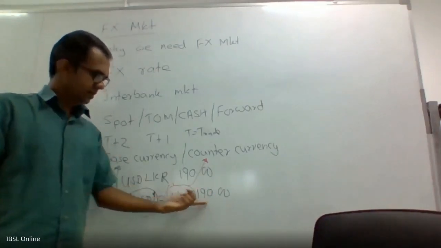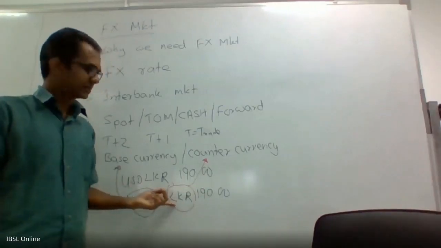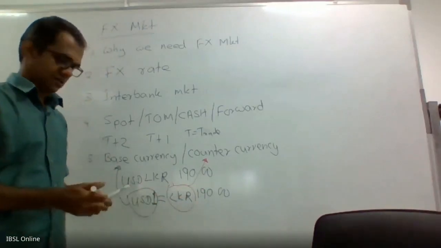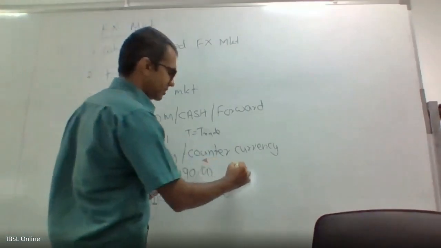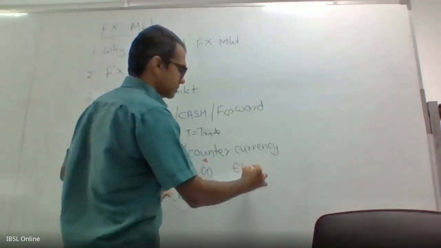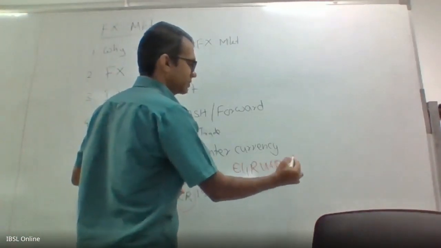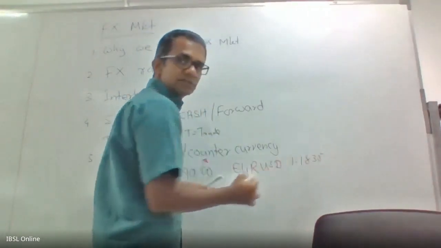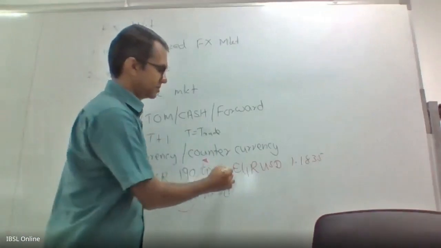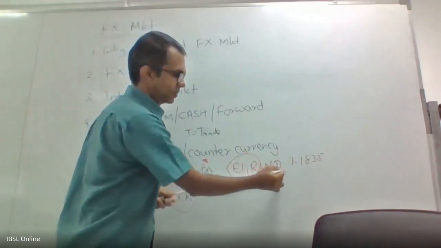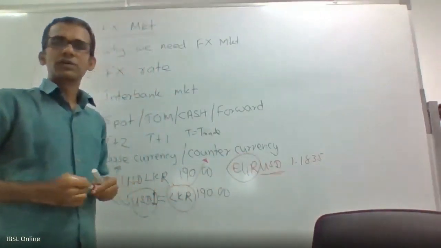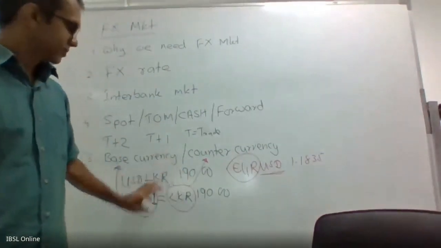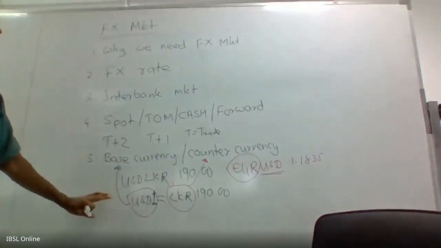The currency in which we have expressed the exchange rate is the counter currency. If we take another example, Euro USD 1.1835. Euro is the base currency, dollar is the counter currency. So just to remind you what we discussed last week.